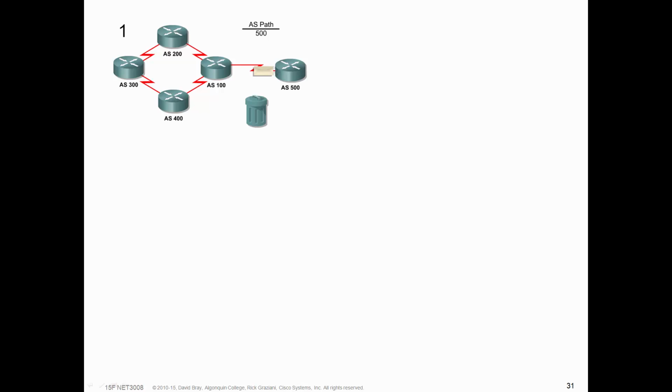Here's another example. So let's say we start off at AS 500 here, and AS 500 advertises a path to some destination, we're not saying where in this case, to AS 100. So when that first advertisement happens, the AS path with that route will be 500.